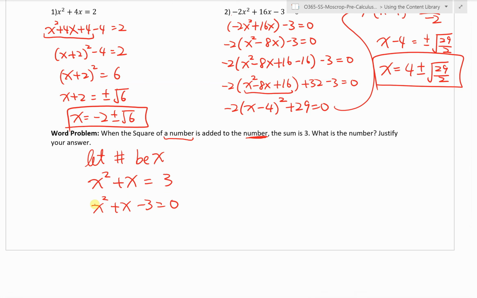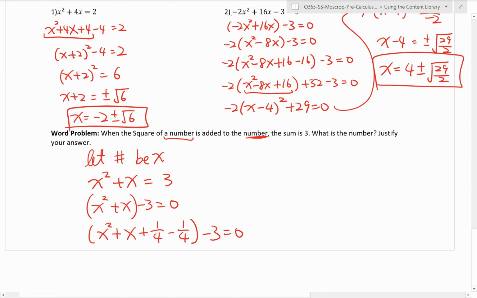I'm going to put these two in brackets, and there's nothing for me to factor out, so I'm going to expand again by taking half of the coefficient in front of x, which is 1, and half of 1 is 1/2, and the square of 1/2 is 1/4. So it's going to be plus 1/4 minus 1/4, minus 3 equal to 0.